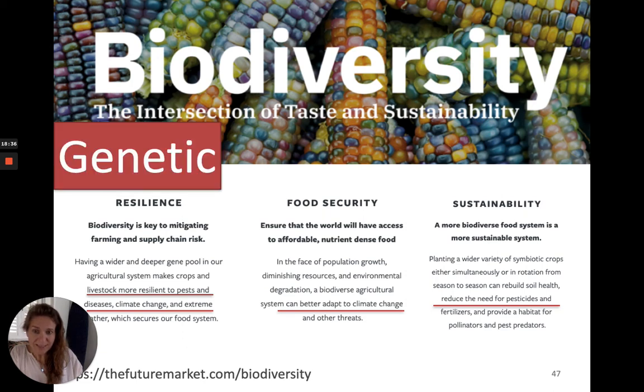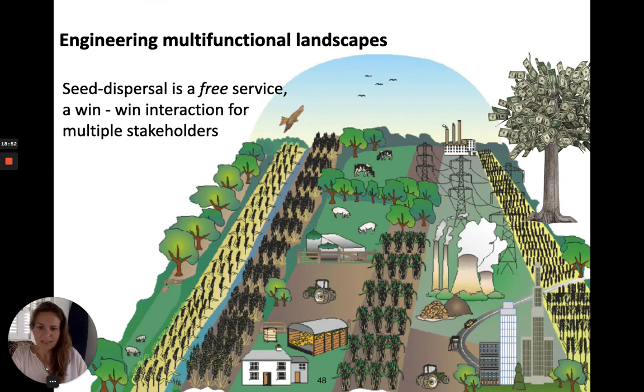And in that sense, it's also important to consider the genetic biodiversity, which will make the system more resilient to climate change and outbreaks of disease, for example. In that context, I think engineering multifunctional landscapes would be a way forward, in a way that can include seed dispersal as a free service in this account, and potentially a win-win interaction for multiple stakeholders.